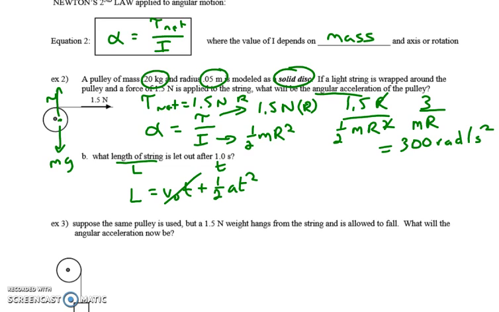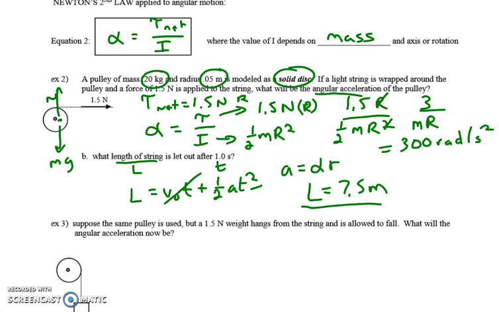But I don't have linear acceleration, but I can get that because I know linear acceleration equals angular acceleration times r. So I can do that calculation, put it into here, and when I work it out, you should work this out for yourself, you get a length equal to 7.5 meters. So try that for yourself, make sure you can do that.